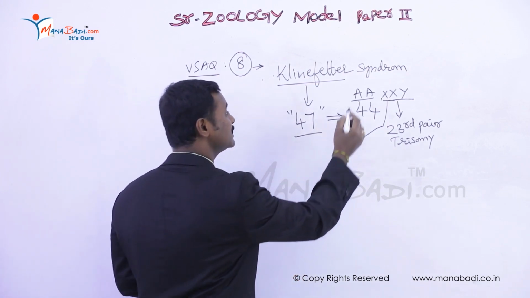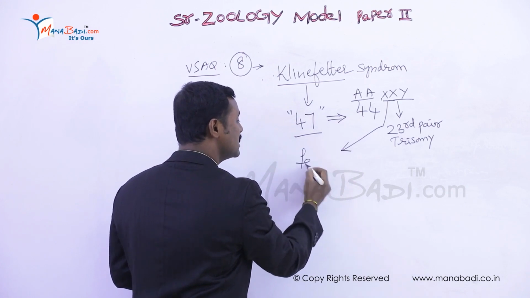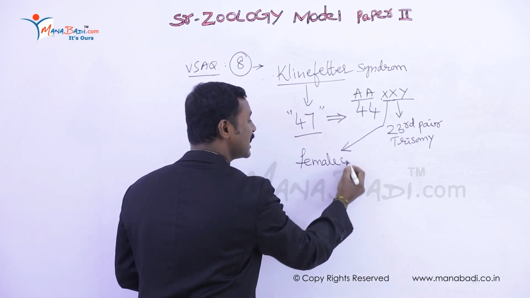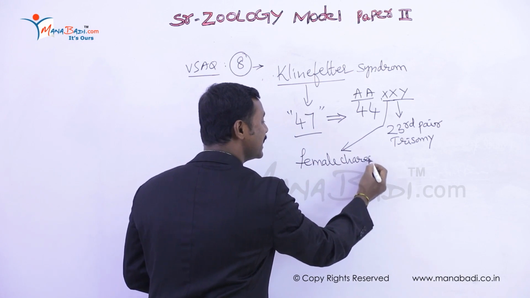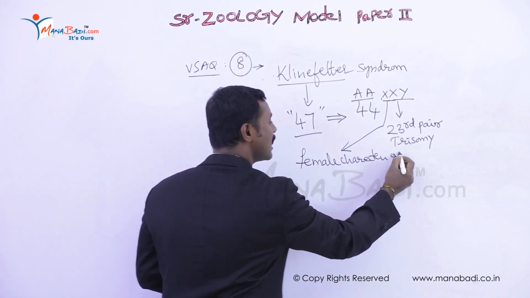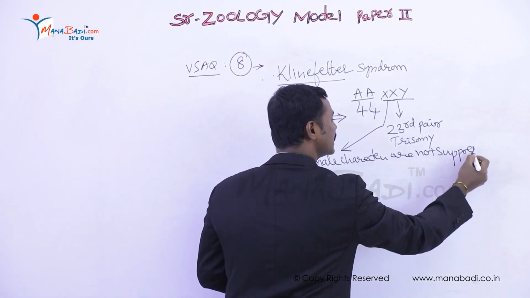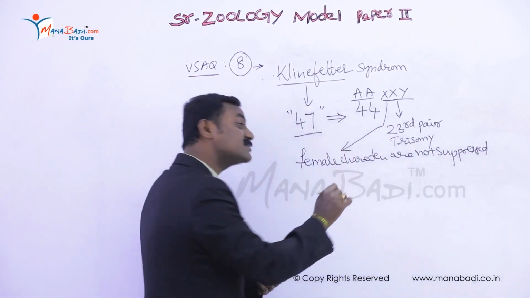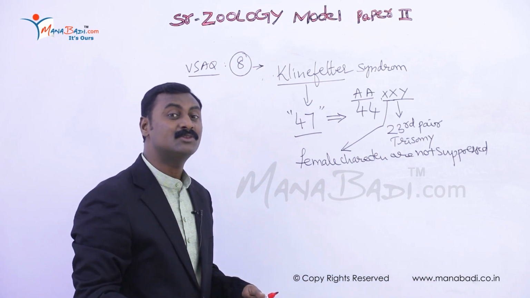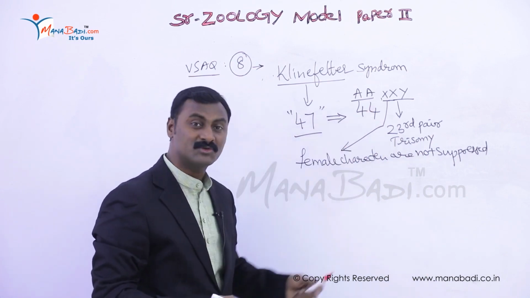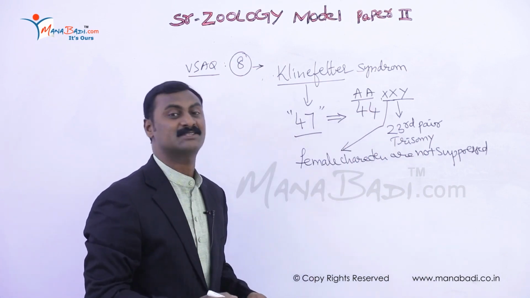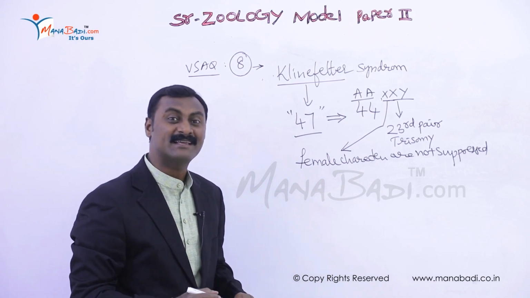Because of this extra X chromosome, female characters are not suppressed in males. So they behave like females, even though they are males with a Y chromosome, but due to the extra X chromosome they behave like females.